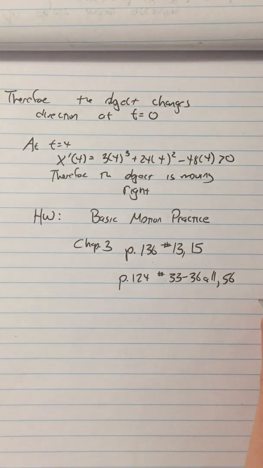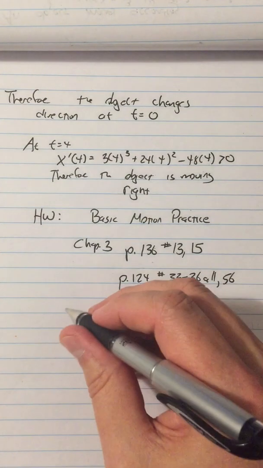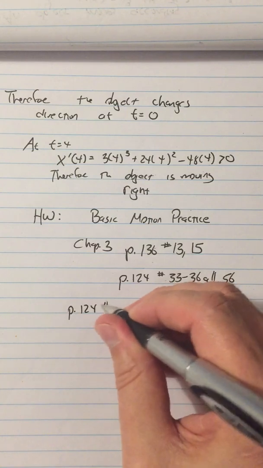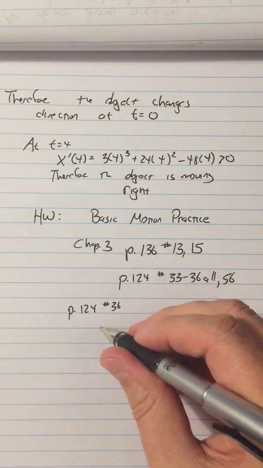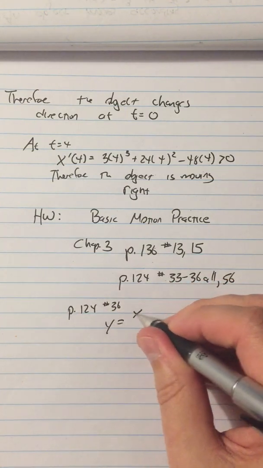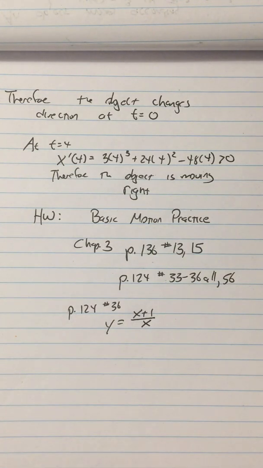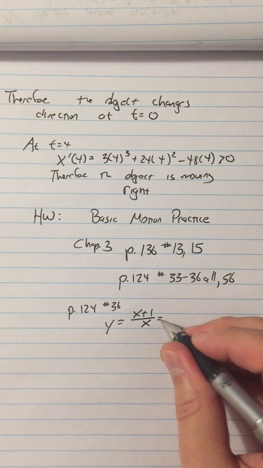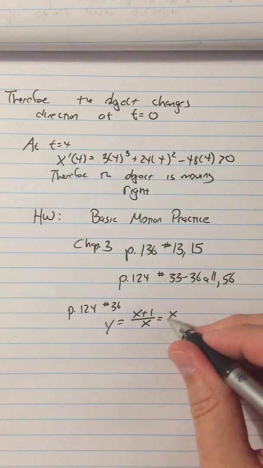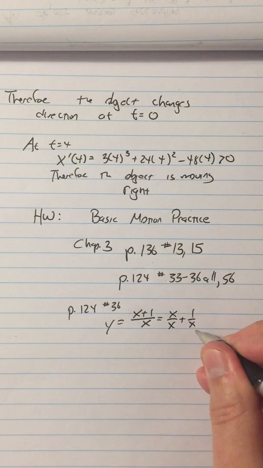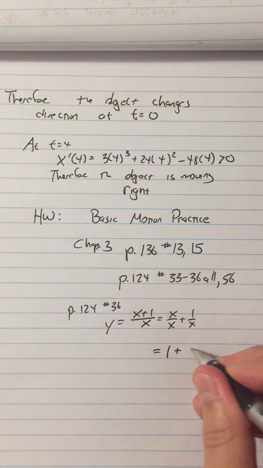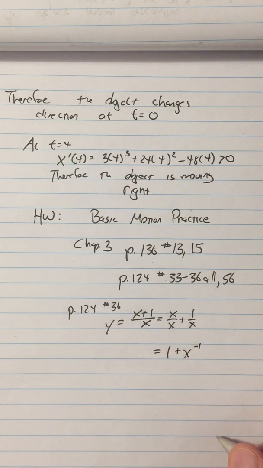I have a quick note on page 124, number 36, because a lot of people are going to be confused. It says y equals x plus 1 over x, and asks you to find the derivative of that. How am I going to find the derivative of that? You need to do some clever algebra. We'll break y up to be x over x plus 1 over x, which equals 1 plus x to the negative 1.